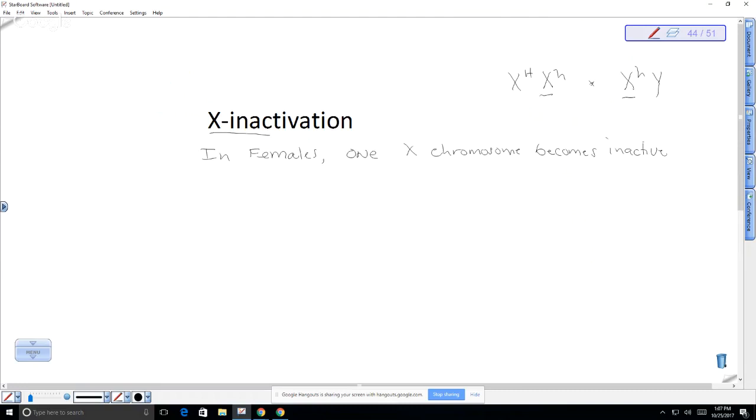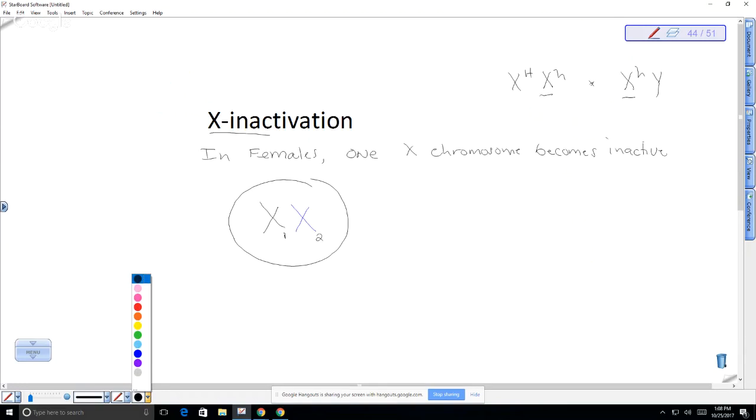And so it kind of looks like this. So I'm going to use a color. If I have 1 X chromosome this color, and another X chromosome this color, this is my female cell, right? You could use X1 and X2 in your notes.